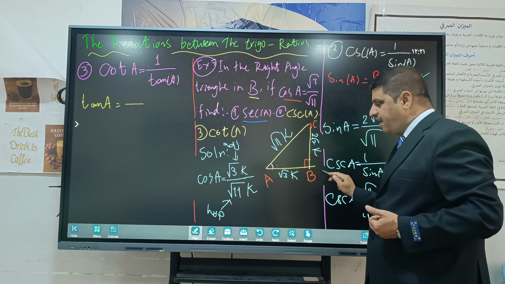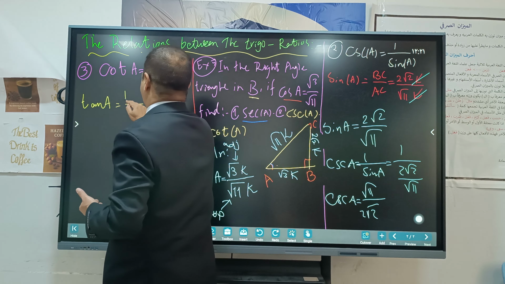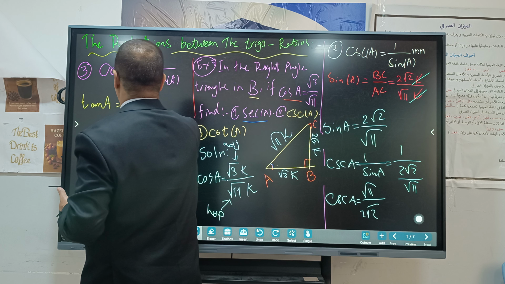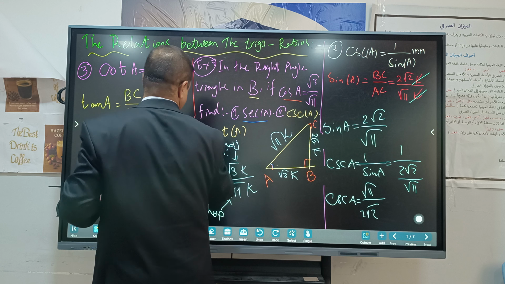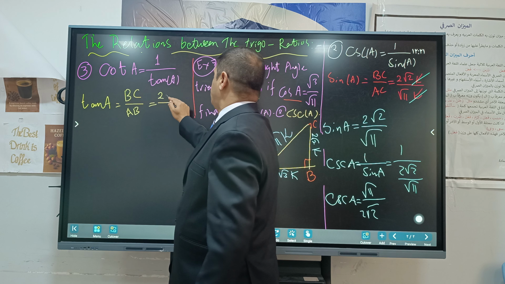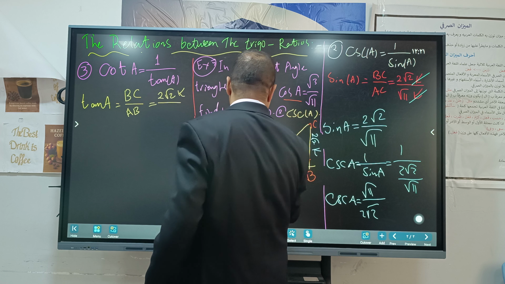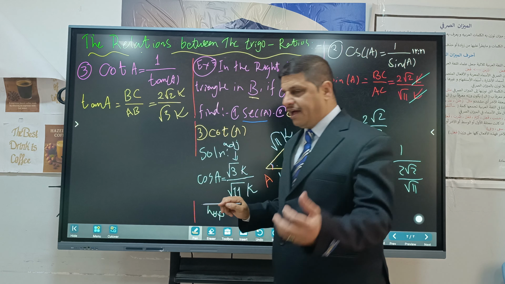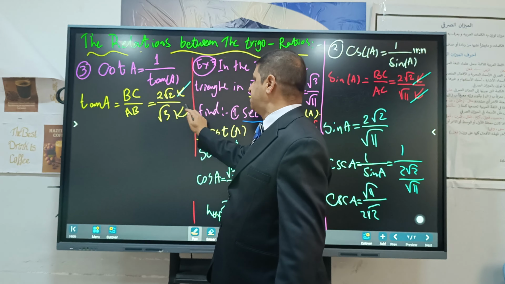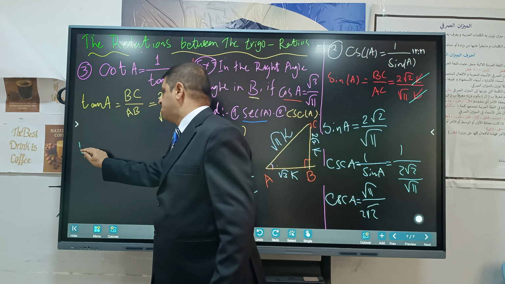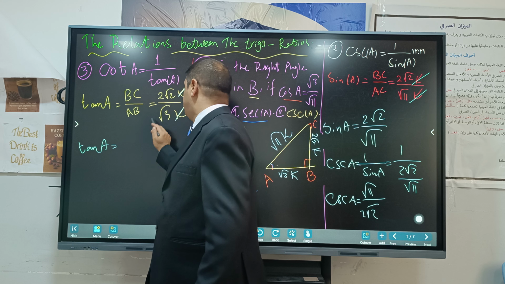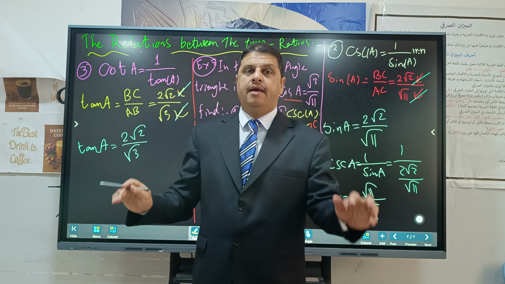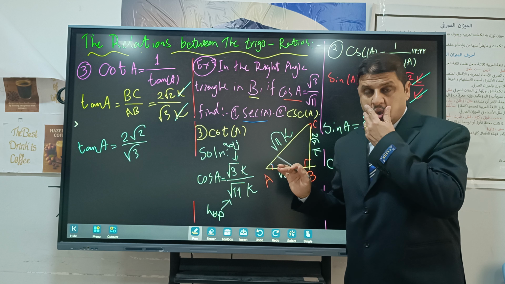The opposite by the adjacent. I mean BC divided by AB, which equals 2 square root of 2k divided by square root of 3k. Okay? As usual, I will cancel this quantity. I will get tan A equals 2 square root of 2 divided by square root of 3. Here I've got the tan.